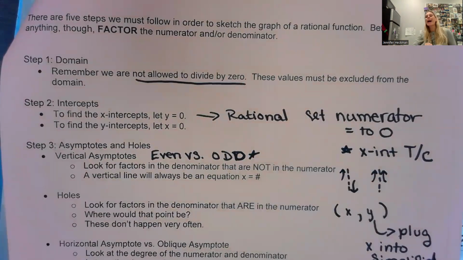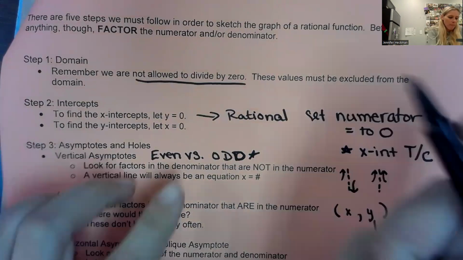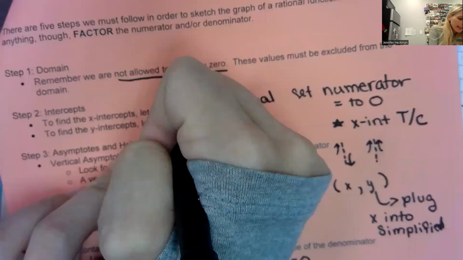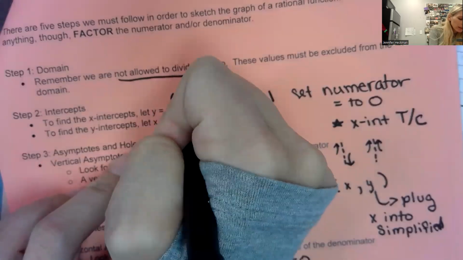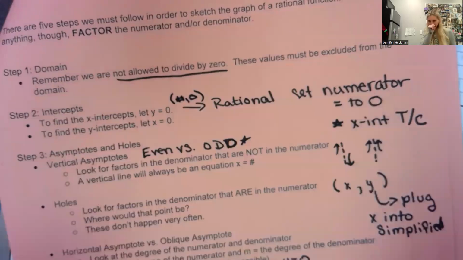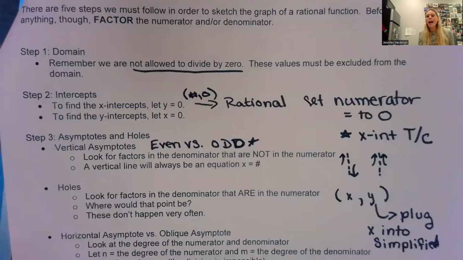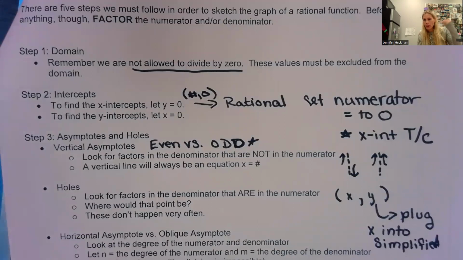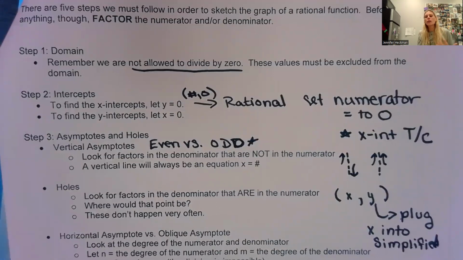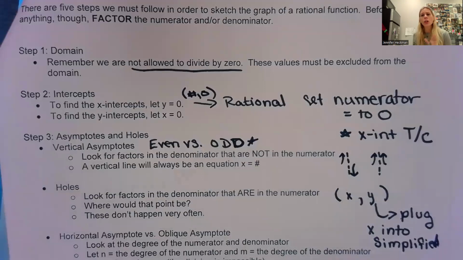An x-intercept is when y equals 0, right? So it's a coordinate pair that has a number, comma, 0. Okay. Now, in a rational function, we have a numerator and a denominator, right? Well, I want you to picture it. 0 can actually be written in multiple ways: 0 over 5, 0 over -2, 0 over 5,280.